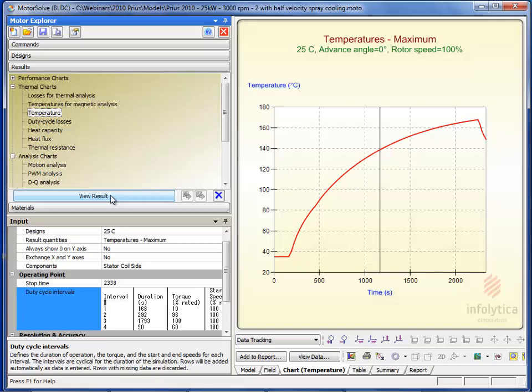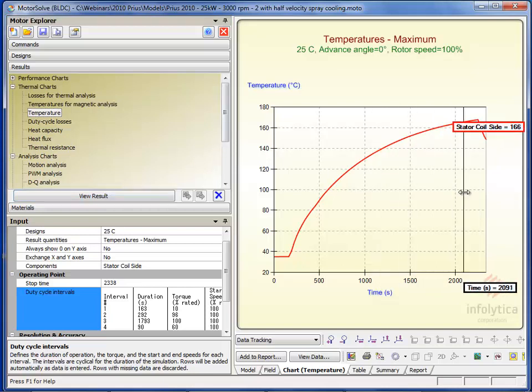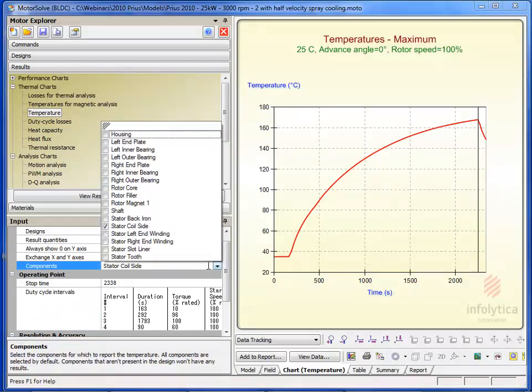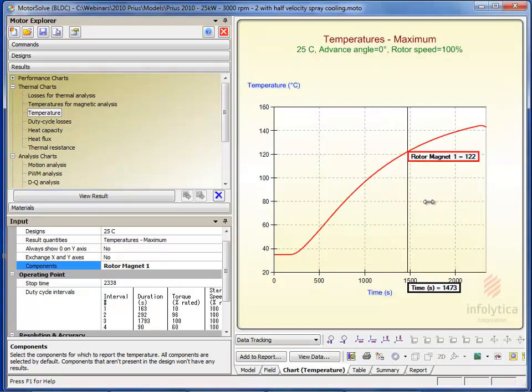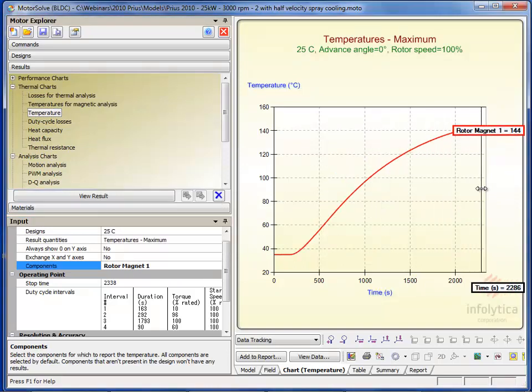Note here that at the peak temperature we have 168 degrees, so it's a full 34 degrees above the full spray. If instead we look at the magnet, it is now at 144 degrees, which is 32 degrees above the other experiment with full spray.